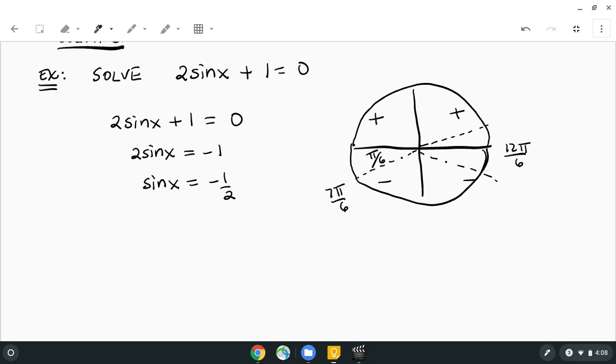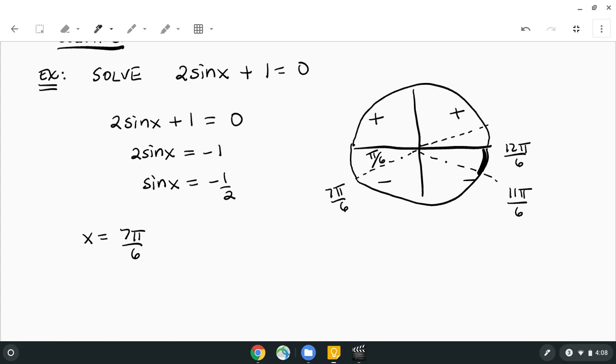But we are just short 1/6, so we are at 11 pi over 6. Here we get that x is equal to 7 pi over 6.